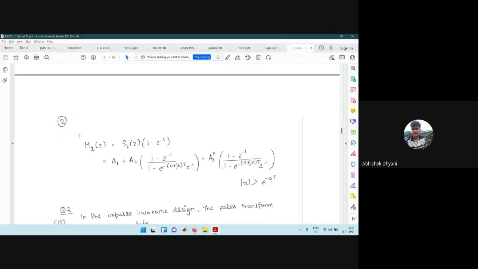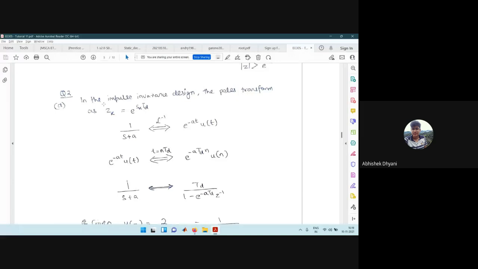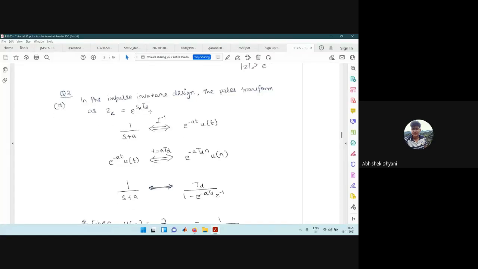So first of all, the thing that we noted in the previous question was how the poles of the continuous time system and the z transform relate. So this was the relation, that zk is equal to e raised to the power sk times TD. We already know that if I have 1 by s plus a, then that would mean e raised to the power minus at u(t) after taking the inverse Laplace.